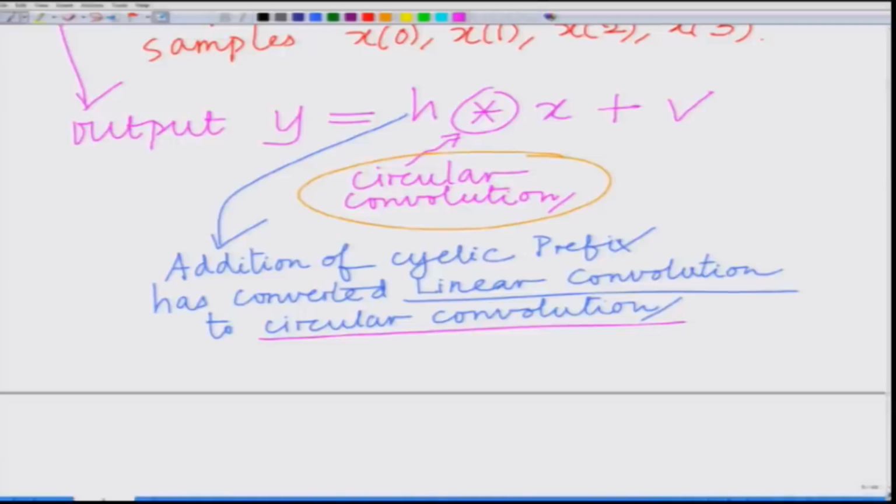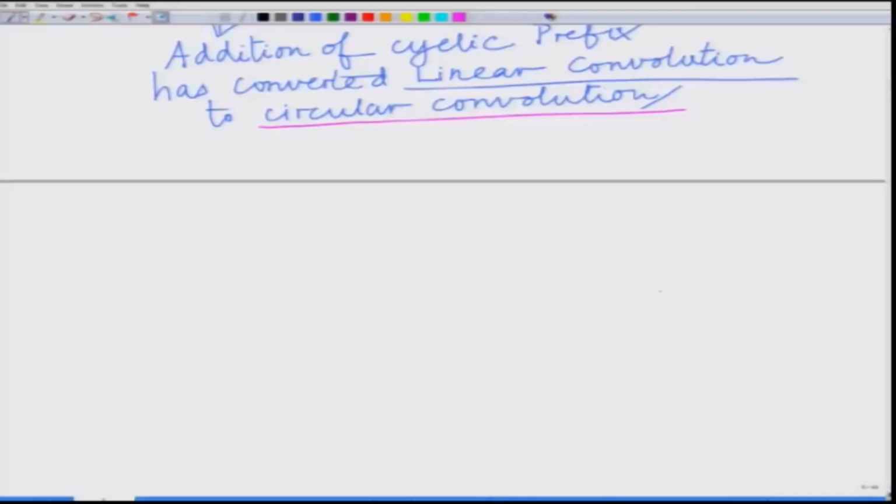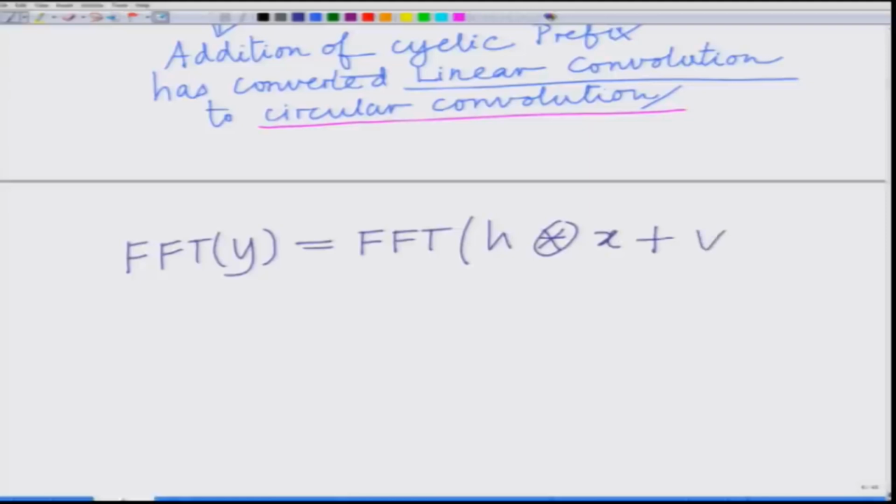Now we know from the properties of circular convolution that if you take the FFT of the circular convolution of h and x, then in the FFT domain it is simply the product of the FFTs of h and x. So because we have circular convolution, the FFT of y equals the FFT of h circularly convolved with x plus v, which is the noise.